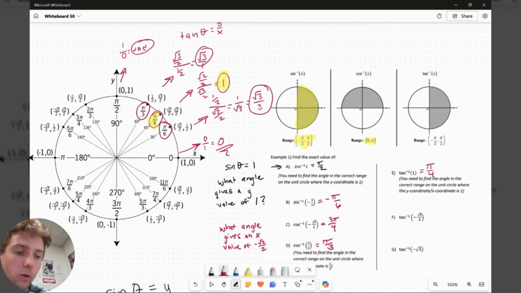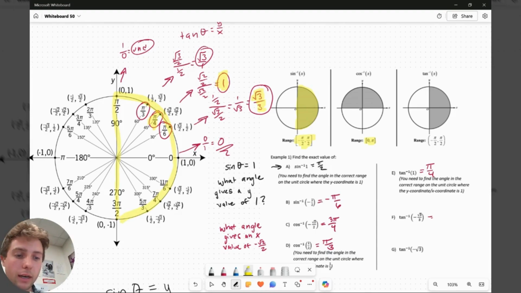We found the angle. F, tan inverse of negative root 3 over 3. Well, I know root 3 over 3 is pi 6. So if I want the negative version then, I must go into a negative area. Well, notice tangent, we know, is restricted between here and here, quadrant 4 and quadrant 1.